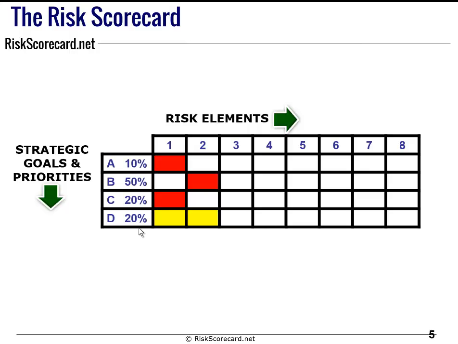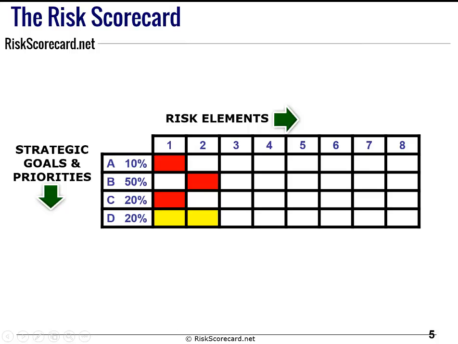We would now see that perhaps risk element 2 is a higher concern because although it only has 1 risk, it's associated with a strategic objective that constitutes 50% of our priorities for this year. Compare that to risk 1, which has 2 risks, but even additively, it's 20% plus 10, so 30 at the risk tolerance level, and then also 20 within the risk appetite.